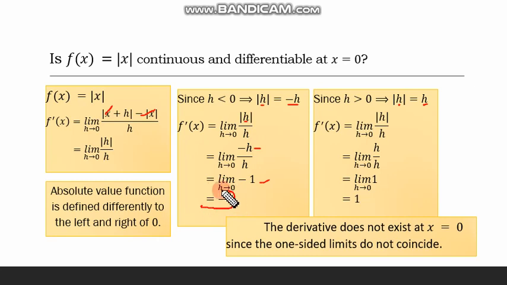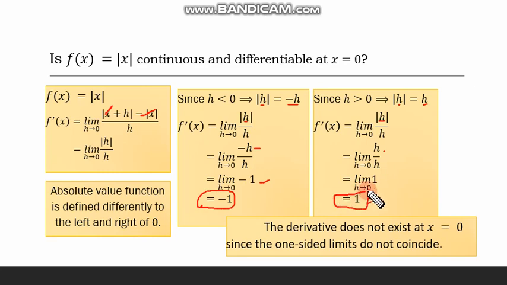So the derivative from the left side of the function at x equal to 0 is actually negative 1. And for the right side, the limit of absolute value of h over h as h approaches 0, the real value of h is positive h. So thus, h over h is equal to 1. So the limit of 1 is equal to 1.